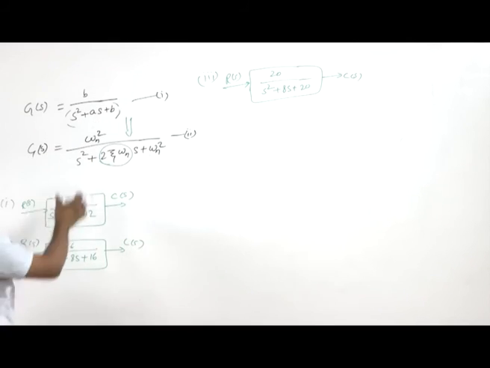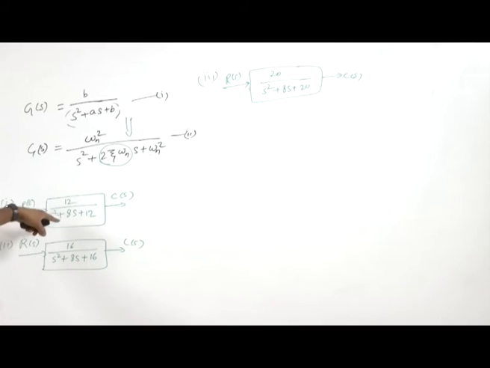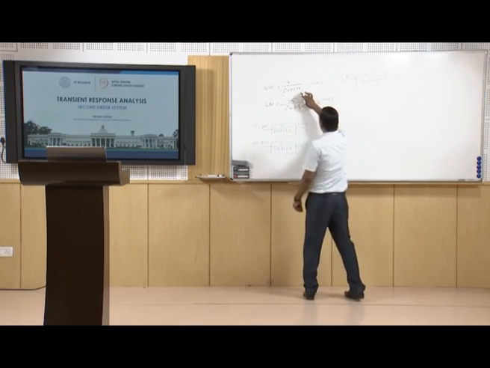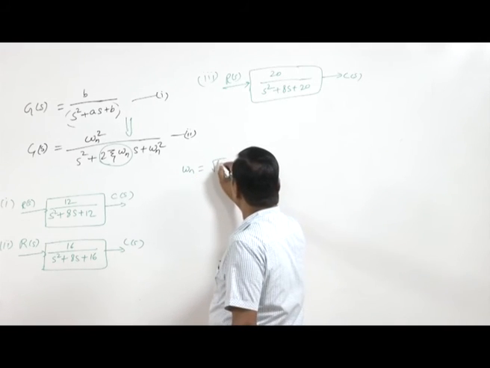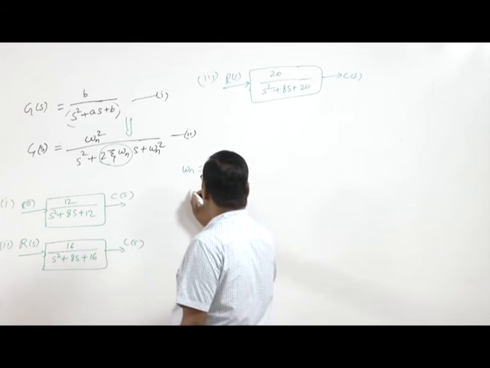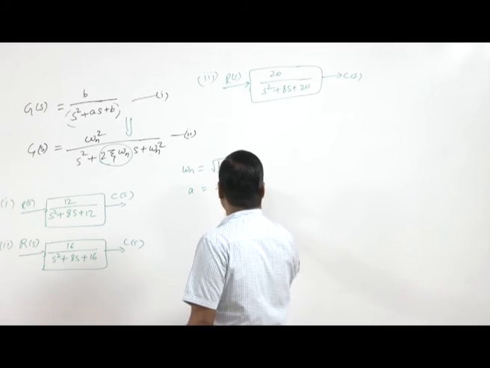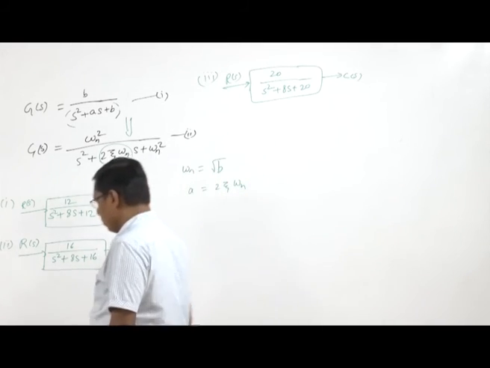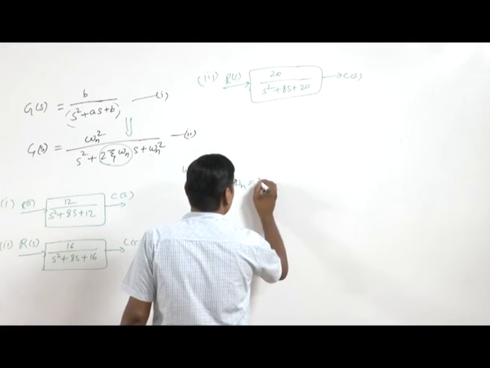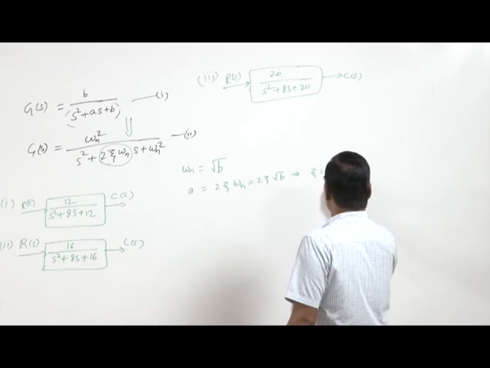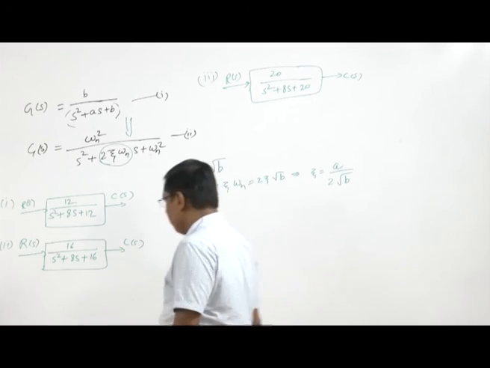We can compare with the standard form and relate the parameters a and b with omega n and zeta, because we defined omega n equal to root b, and a equal to 2 zeta root b, so zeta is a upon 2 root b.